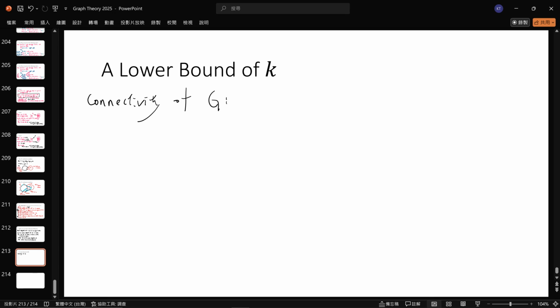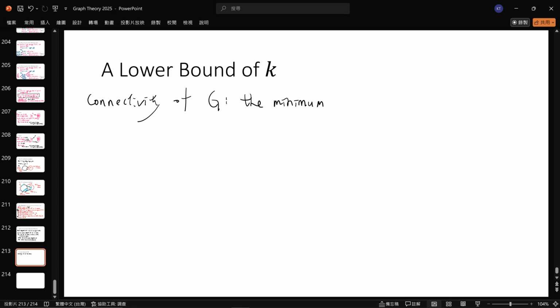The connectivity of G is like how many vertices you need to remove to disconnect the graph. Formally, because there are different ways to disconnect the graph, we want to find the most efficient way. By most efficient, I mean the fewest vertices that you need to remove.